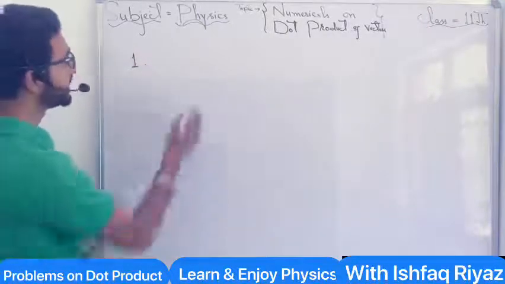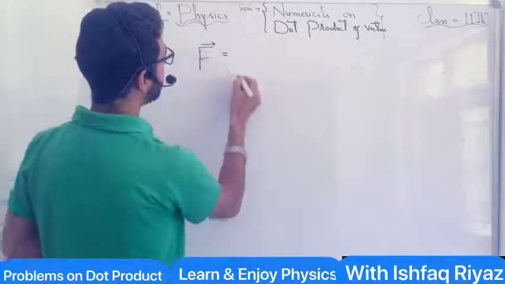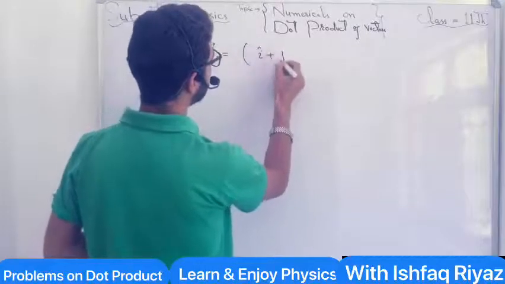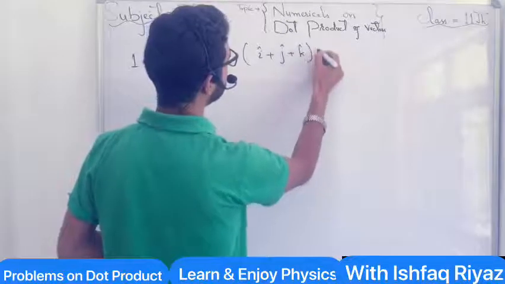The question: a force F is given in terms of its components as I plus J plus K, in terms of unit vectors, and the SI unit of force is Newton.